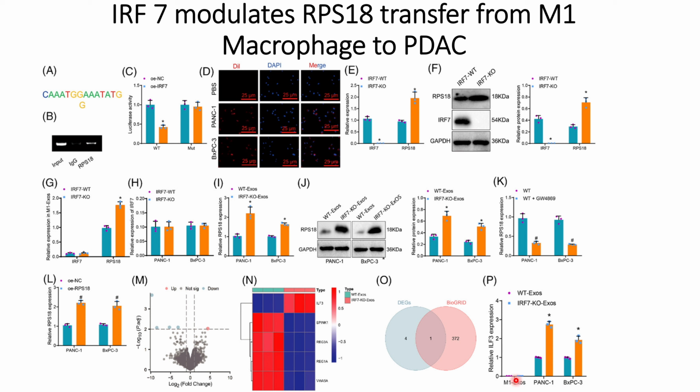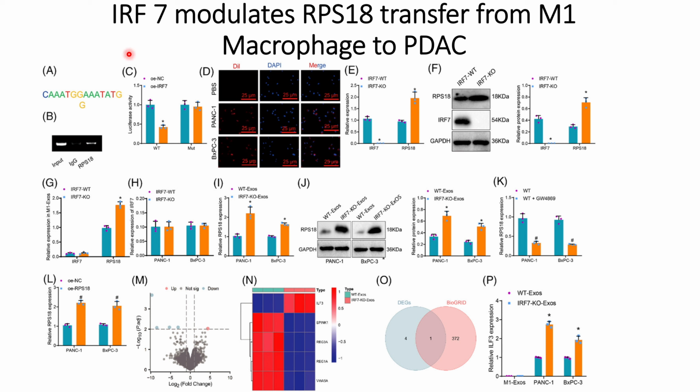However, with the M1 exosomes, they do not see more ILF3 expression, indicating that when RPS18 is transferred to the pancreatic cancer cells, it upregulates ILF3 expression that might help the pancreatic cancer cells towards their aggressive behavior.